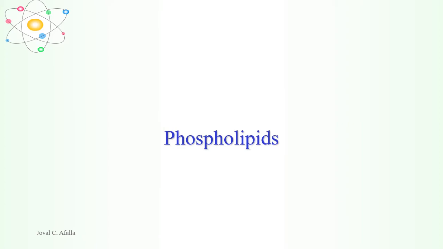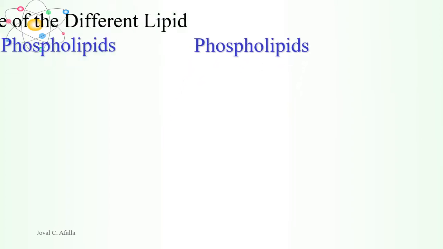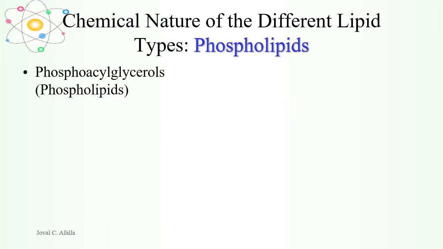So let's now go to phospholipids. Phospholipids, as previously mentioned, just have a phosphoric acid group connected to one of the glycerols. So they're also known as phosphoacylglycerols or phospholipids. Glycerol plus two carboxylic acid components plus phosphoric acid forms phosphatidic acid.